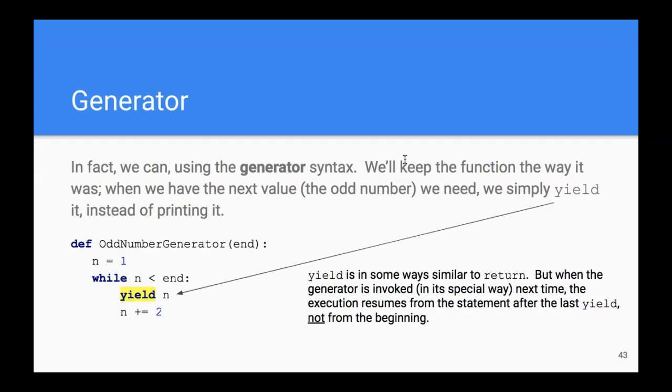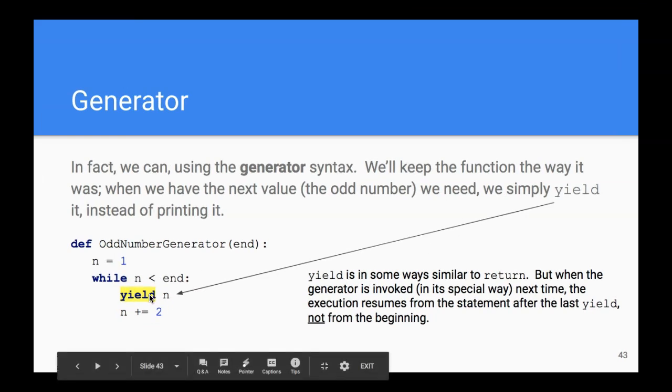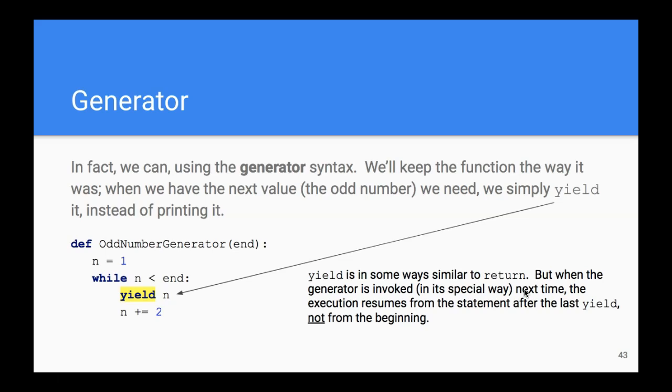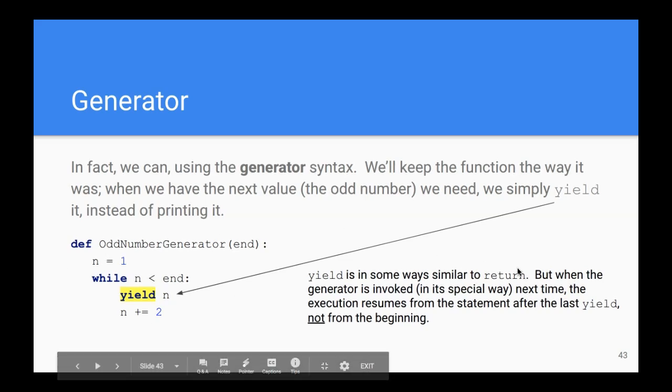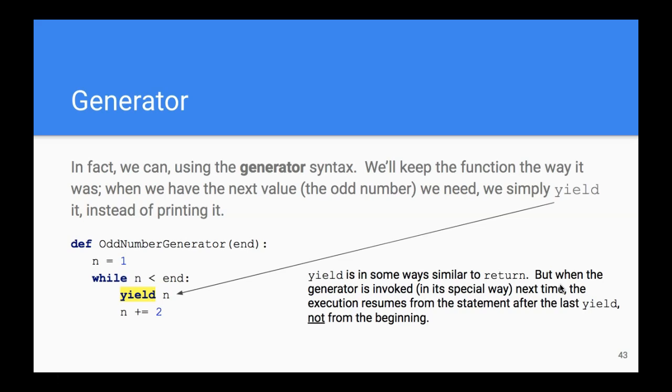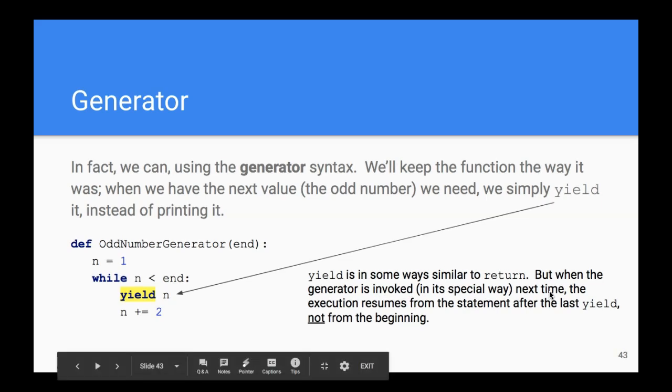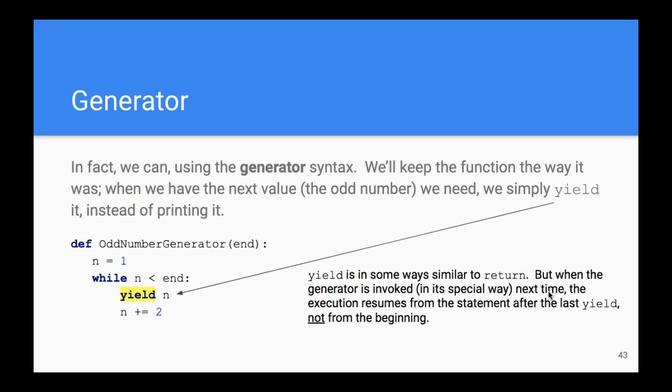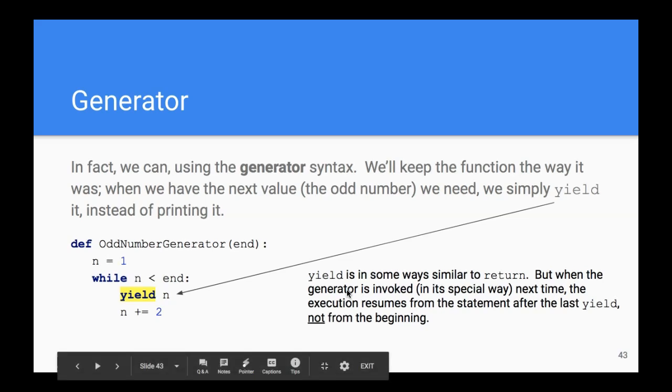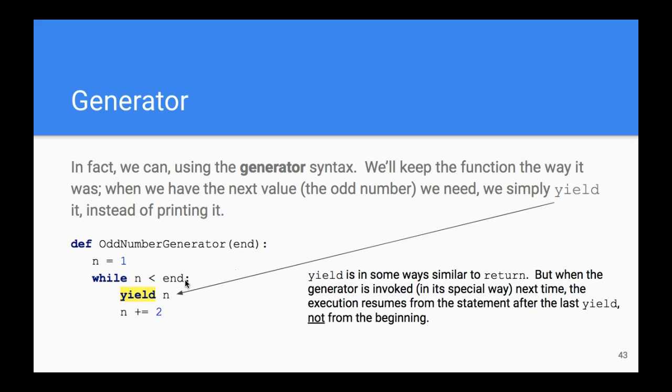So let me explain how it works. It all comes back to this yield keyword. Yield is in some ways very similar to return. It returns a number in this case. The difference is that the generator can be invoked again and again, and the key is that the execution when a generator is invoked does not always start from the beginning.